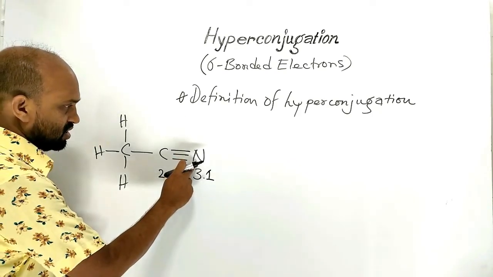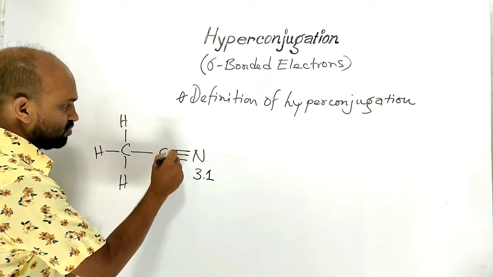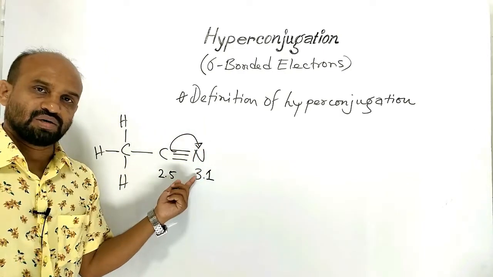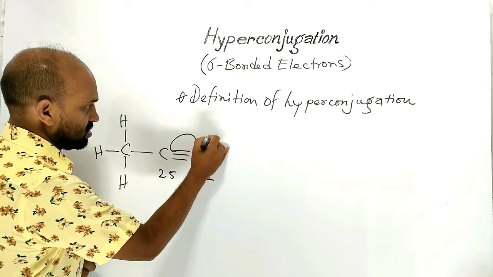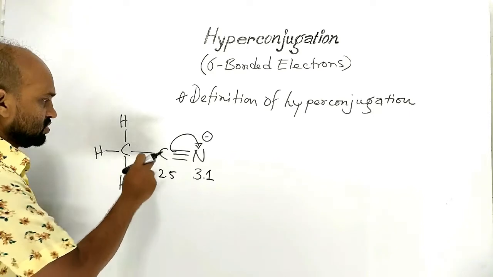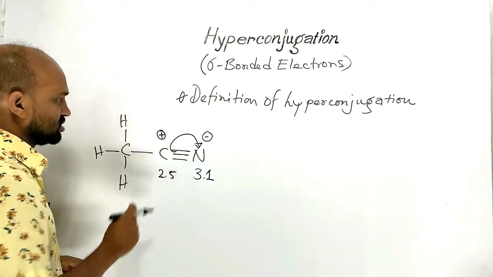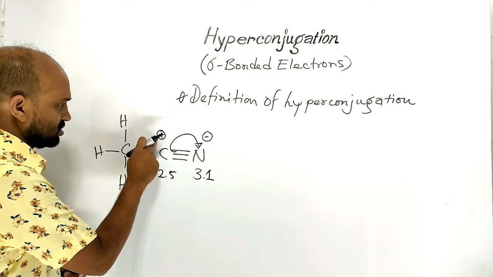Because of the higher electronegativity of nitrogen, these pi bonded electrons move towards nitrogen, and as a consequence, negative charge develops over nitrogen. At the same time, positive charge develops over carbon.